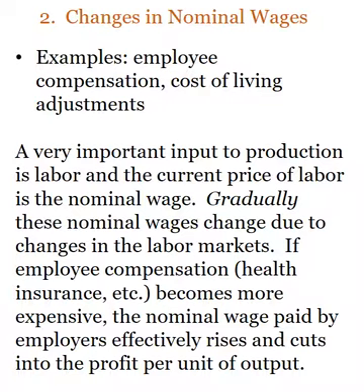Okay, so we've learned that nominal wages are sticky. They're going to change gradually. But if your employees cost you more, what happens to profit? It goes down. So if profit goes down, SRAS shifts to the left. If your nominal wages have gone down, profit rises, SRAS shifts right.